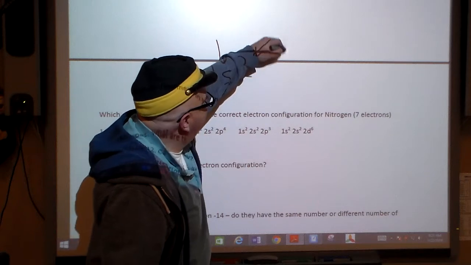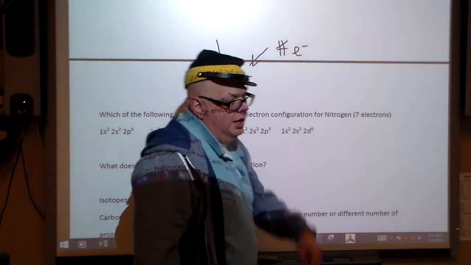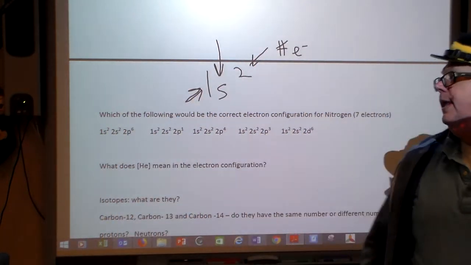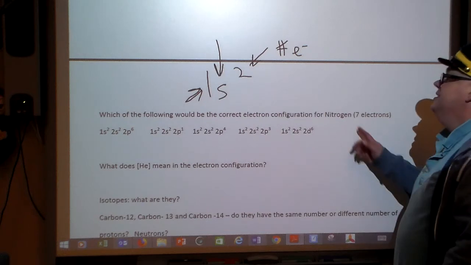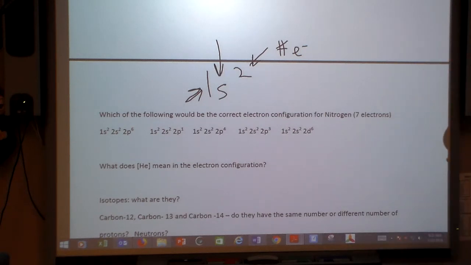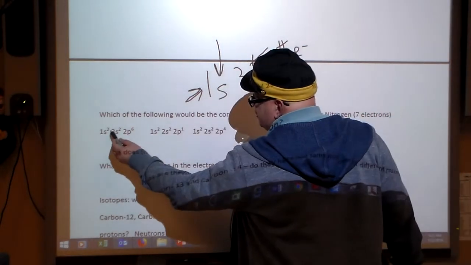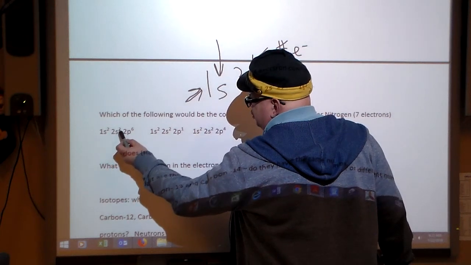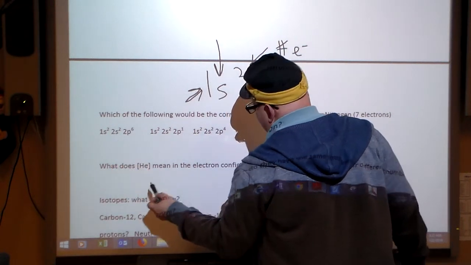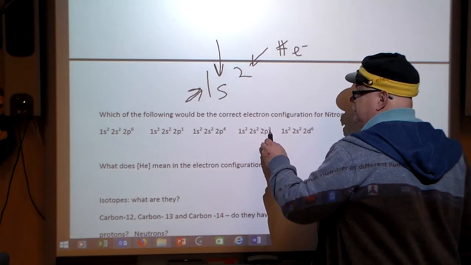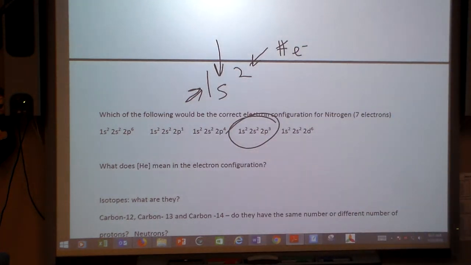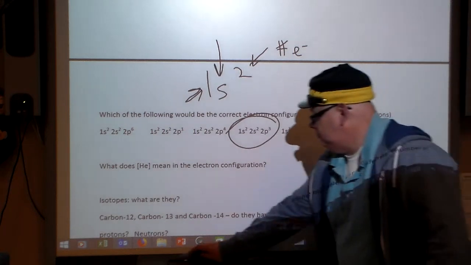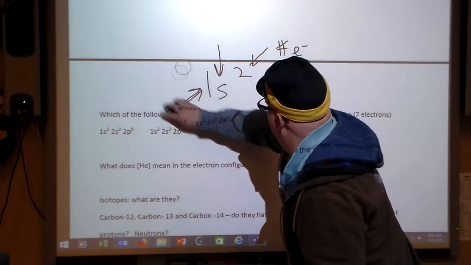This is the number of electrons that are there. So when we look at something like nitrogen, for example, nitrogen has 7 electrons. We start looking here, 2 plus 2 plus 6, that's not it. 2 plus 2 plus 3, aha. This is the correct answer. Now, moving on.